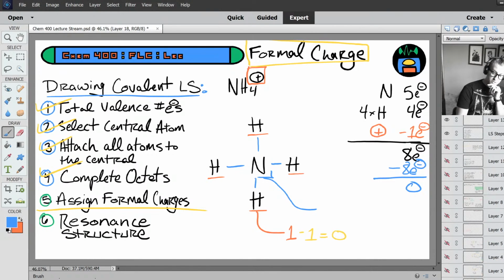When it's neutral, nitrogen has 5 valence electrons. In this structure, each element gets 1 electron per bond. There are 4 bonds, so that's 4 electrons, plus the number of electrons in lone pairs. Nitrogen has no lone pairs, so we go 5 minus 4 is positive 1. So nitrogen has a formal charge of positive 1. We put that positive charge right next to nitrogen in the structure, and this is the Lewis structure for ammonium.